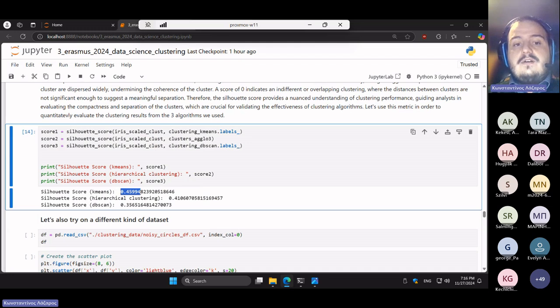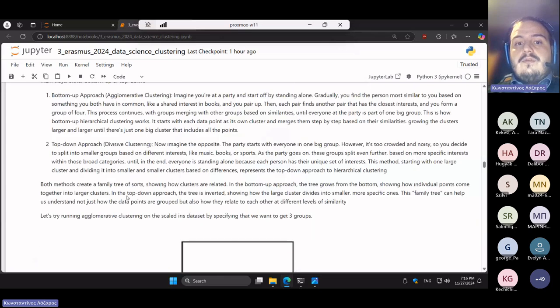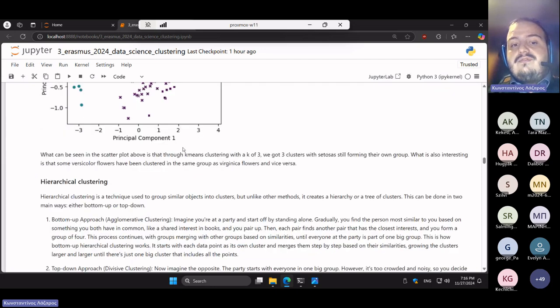It has the highest score. Still, we would say the final result is quite moderate, because if we move further up, we saw that there are some overlaps, especially between clusters 0 and 2. So it's expected to have a score which is closer to 0, like 0.45.